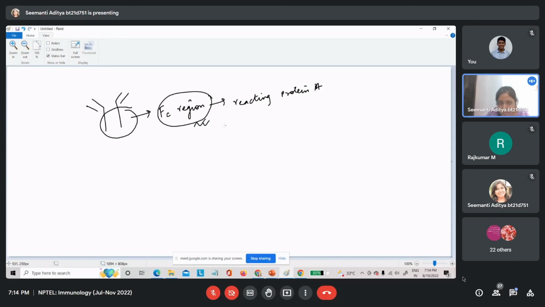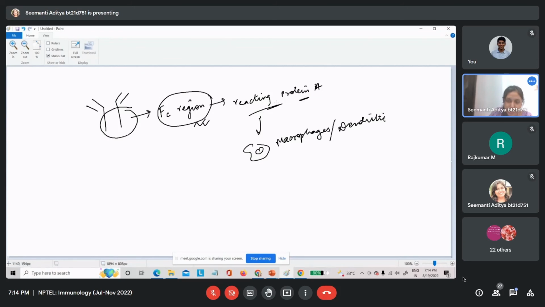So the Fc region interacts with this protein, and then it allows protein A to be recognized by macrophages and dendritic cells.